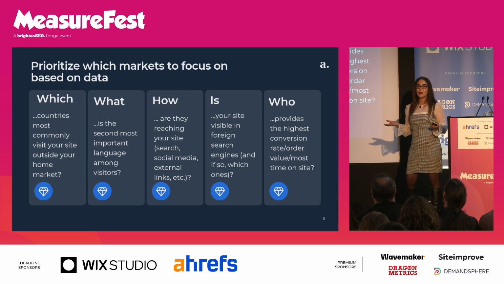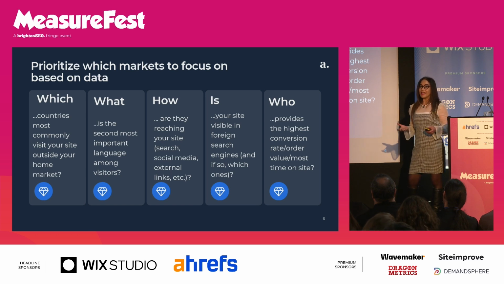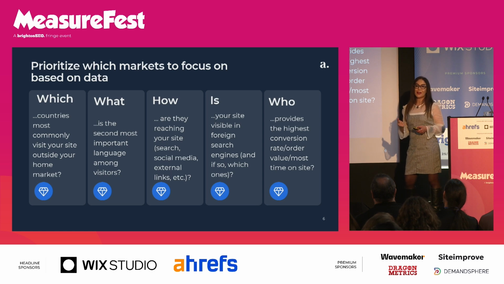What is the second most important language that your users are using to come to your website? All of that data. Of course, the search engine that is popular in that target market. Google is not everywhere. Yahoo is still a thing in Japan, and there's Naver in South Korea. We have Baidu in China and other search engines out there.